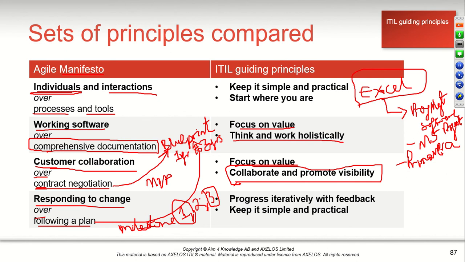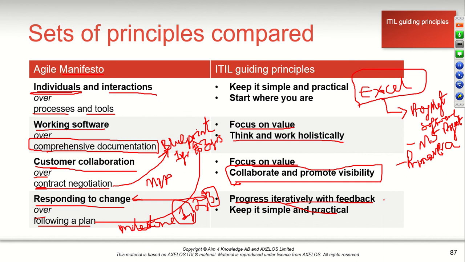But as long as that is what they want now, that is what they require, then under Agile, we will be able to respond to that change. But if you are not using Agile methodology, you will stick to the plan. And this also aligns with the ITIL guiding principle that says progress iteratively with feedback. That is, when you finish milestone one, you should go back and show the customer.